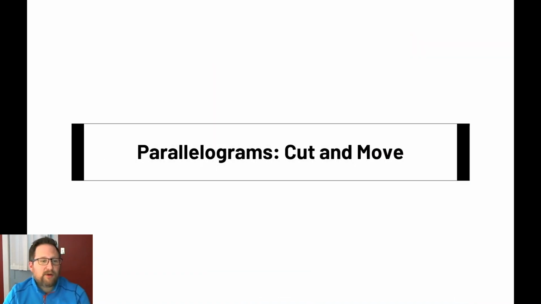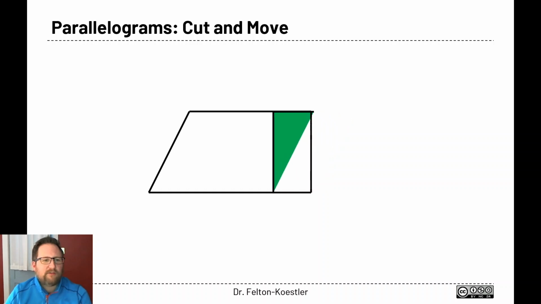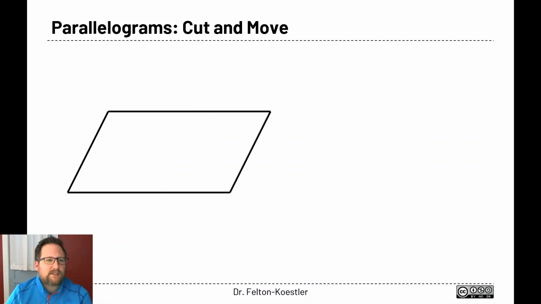All right, let's talk about parallelograms, and I'm going to call this strategy the cut and move strategy. I'm sure it's one many of you have seen before. I've got a parallelogram, and I have this side piece that I don't really know how to deal with, so I'm going to cut it off and move it over, and now I have a shape I'm familiar with, which is a rectangle.